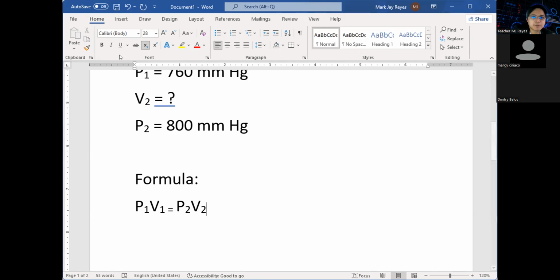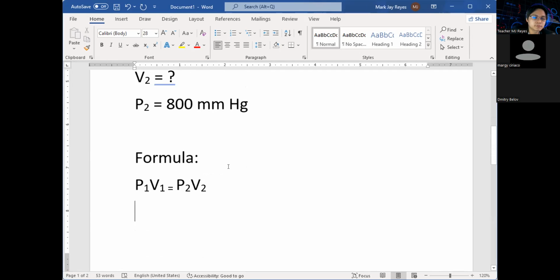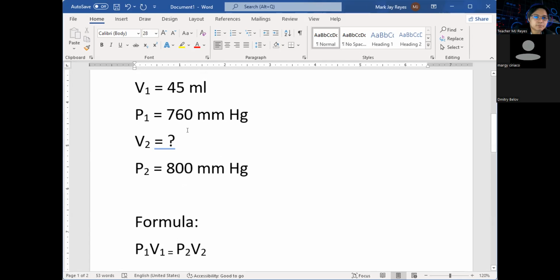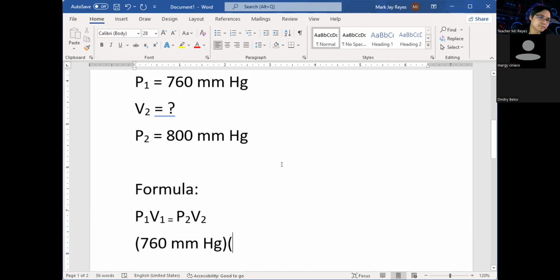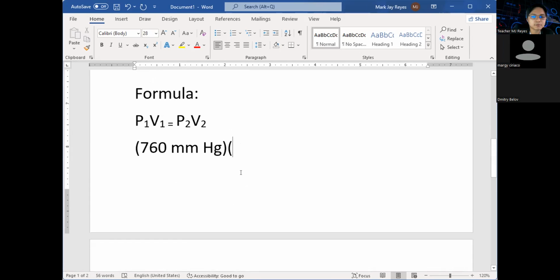Okay. Since this is the formula, we can now substitute. What is the value of our P1? Value of P1? Anybody? P1 there is 760 millimeter of mercury. 760. Take note of the units used. Millimeter of mercury. Okay. Times your volume 1, which is 45 ml.